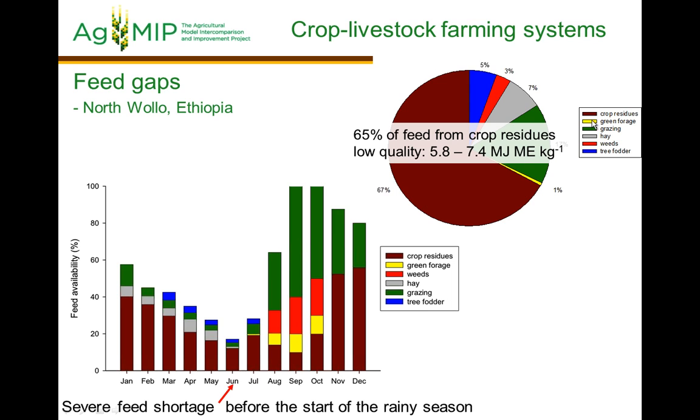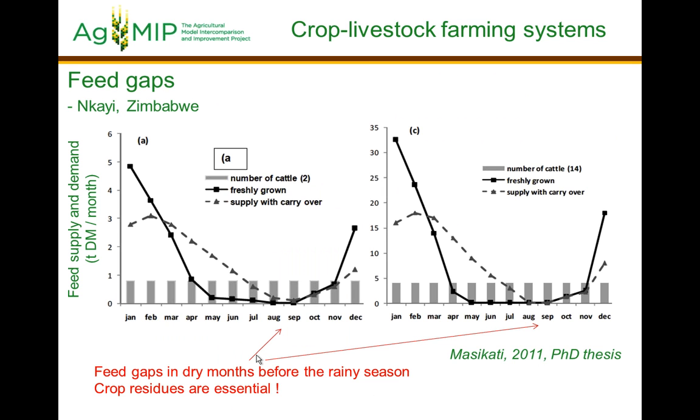And we see also that indeed, again here, crop residues provide the largest share of the diet. And the problem here is that they are indeed of low quality. And so not only do we have problems in terms of feed quantity, we also rely on low quality feed sources in the dry season in these areas.